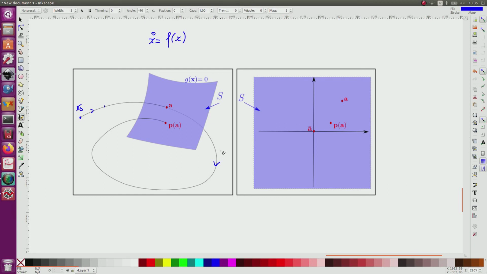So the Poincaré surface is S, and I will consider the application which associates to A the first time the trajectory meets the surface again. Here it is transverse because I intersect the surface. I can understand that here I will probably meet again here, and probably meet again like this one. I will have here P of A, and so on.